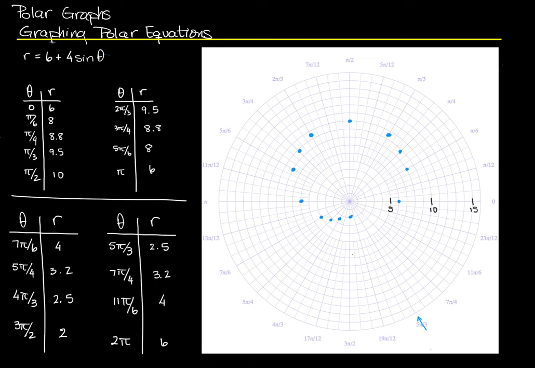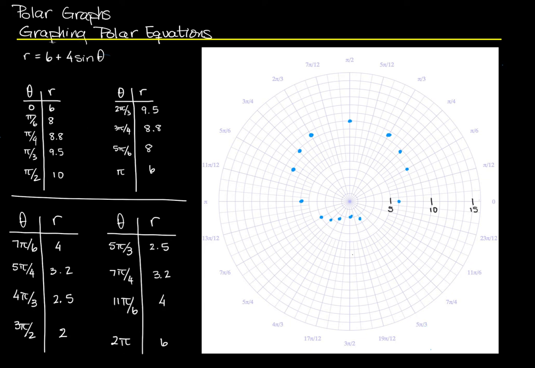5 pi over 3, I'm in quadrant 4 now. 5 pi over 3 is at 2.5. That is there, I think. Let me just double check that one. 1, 2.5, yeah, that's a little bit out. Let me try that one again. There we go, that looks a little bit better.